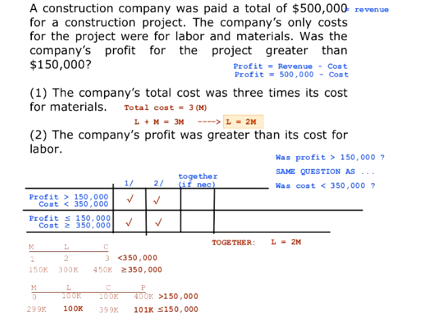So the total cost is going to be 3M, which is the same thing as 3 halves L. Either way you want to figure that out. Probably better to do this because labor is in the other statement.